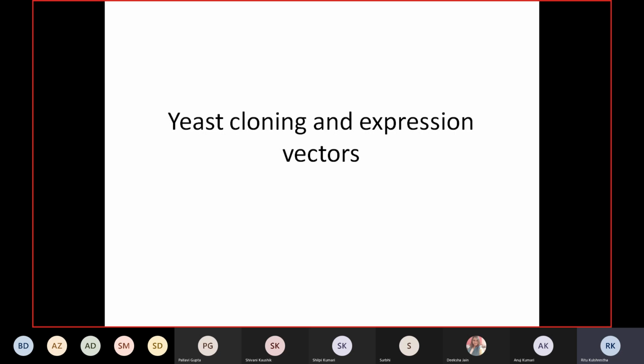With respect to bacteria, if you remember, there are two ways by which you can transfer a particular gene of interest into bacteria, which is either with the help of a plasmid or by viruses, bacteriophages. And in case of yeast, do we have any plasmids which exist in yeast?